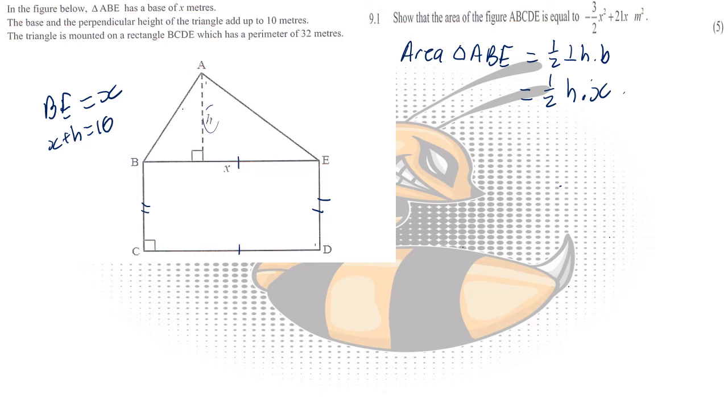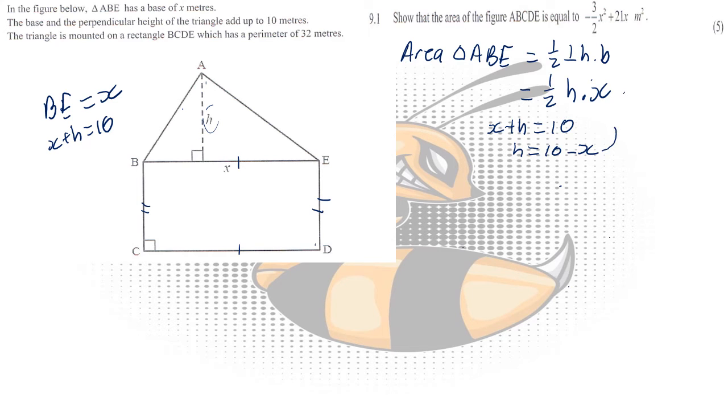But if we take a look at the formula they want us to prove, there's no h involved there. So we need to try and get rid of this h. Luckily for us, they told us that x plus h is equal to 10. So using this, h is just going to be 10 minus x.